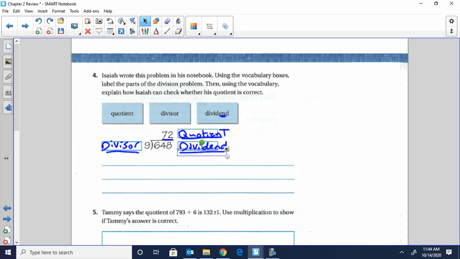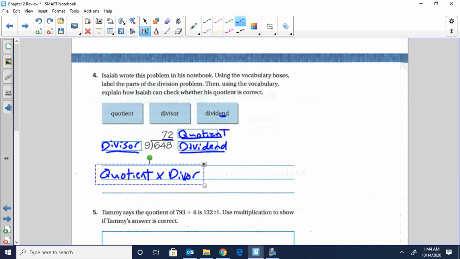We're just going to simply take our quotient and multiply it by the divisor, and that will give you the dividend.